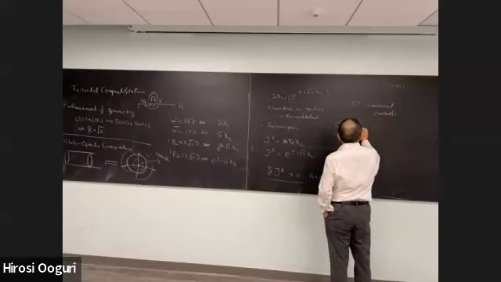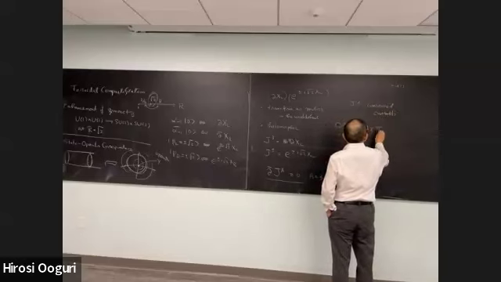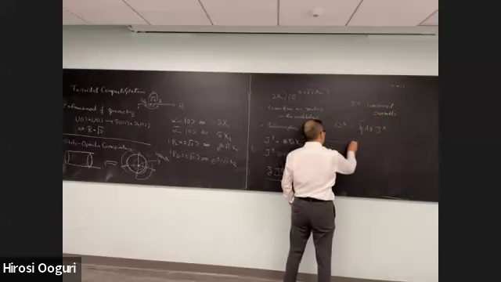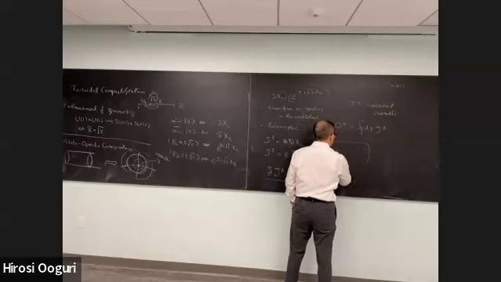You can define it by integrating J around some cycle. For example, if you have a torus as the worldsheet, you can consider integrating this J around some appropriate cycle like that.